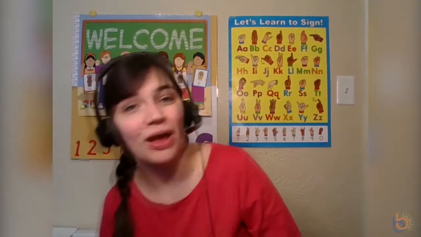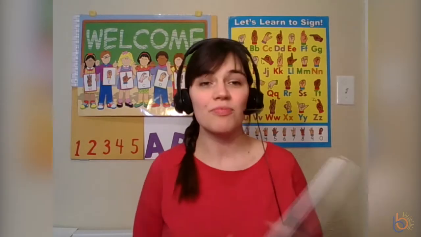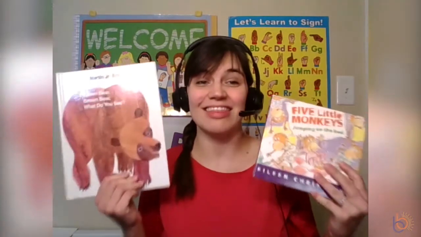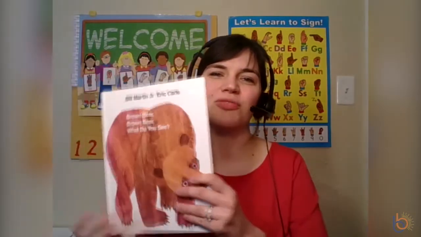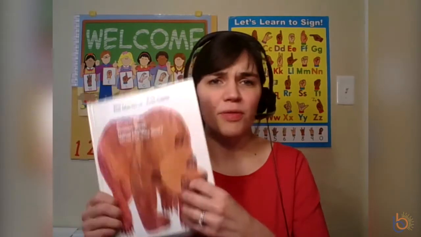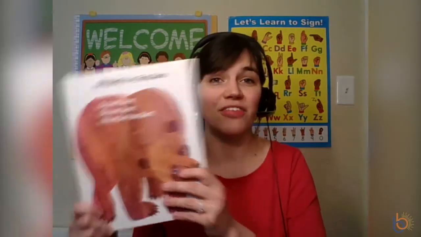But if you remember back when you were in kindergarten or preschool, or maybe some of you are those ages now, this book and this book, you pretty much know, or will know by next week, the signs to be able to read it. Now I know this is simple, but if you are beyond this book, but you have a younger brother or sister or cousin maybe that you can read it to, or just for practice, okay? It uses colors, animals, and a simple question, and you know all the signs to sign this entire book.